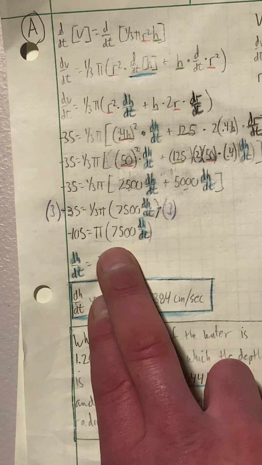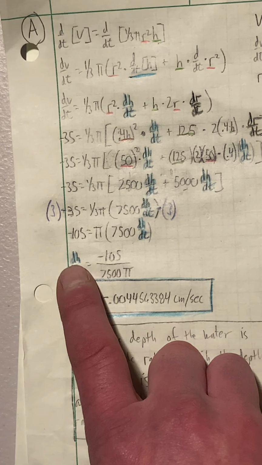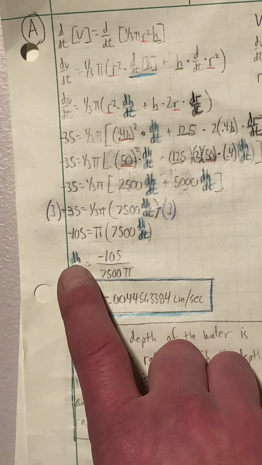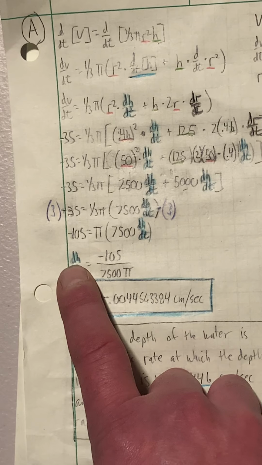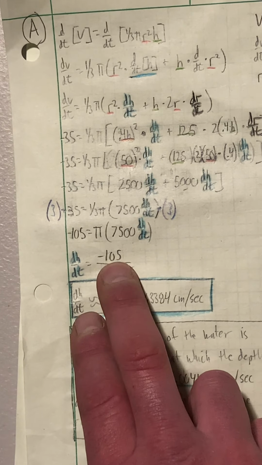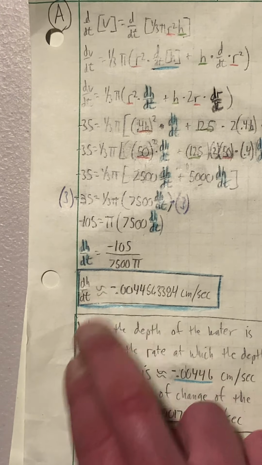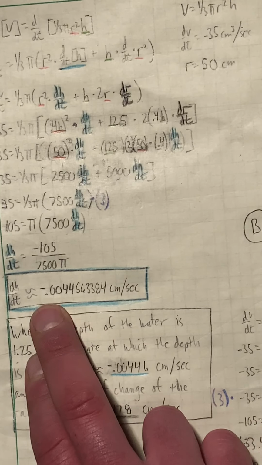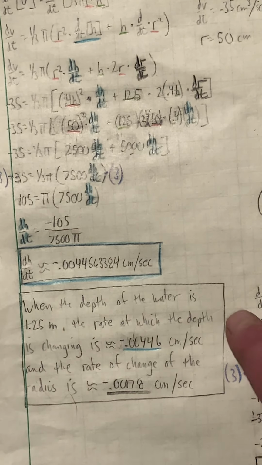Now we can divide out pi times 7,500 to get what we're looking for, the rate of change of the depth when the depth is 125 centimeters. That equals negative 105 divided by 7,500 times pi, which comes out to approximately negative 0.00446 centimeters per second.